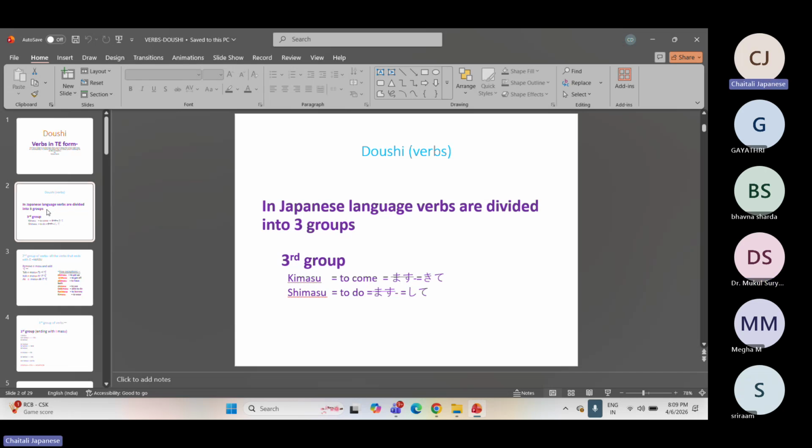Now, any of you who are following anime very rigorously, you will see that they don't use these types of tenses in the sentences. They will use taberu, tabenai, tabeta. That is the form of the verb which is actually representing your original tenses. Are we clear, everyone?